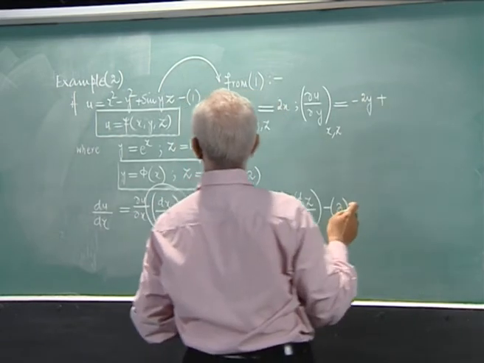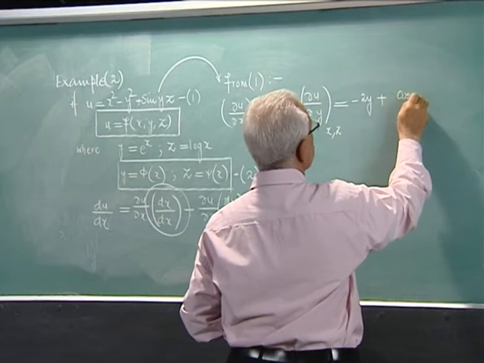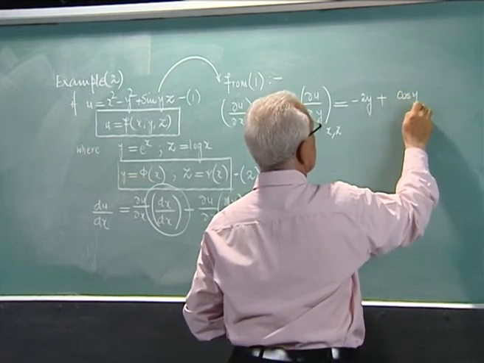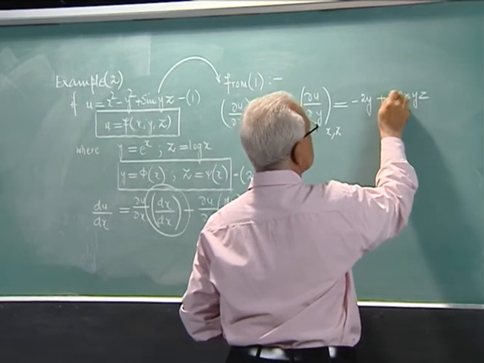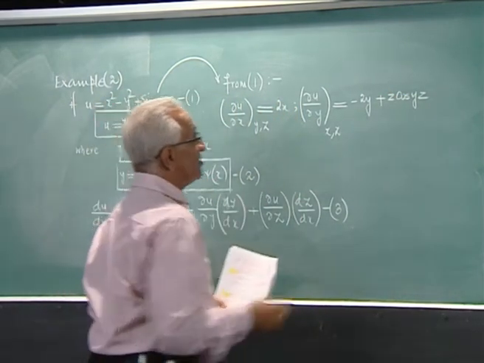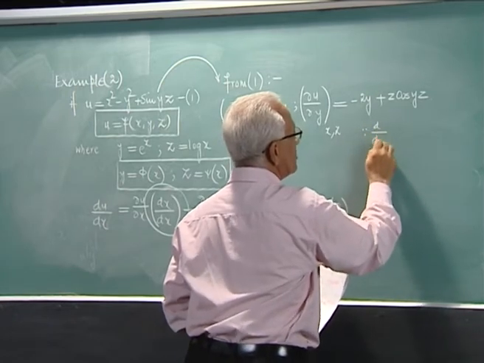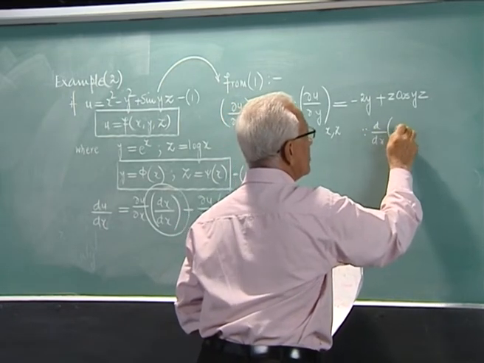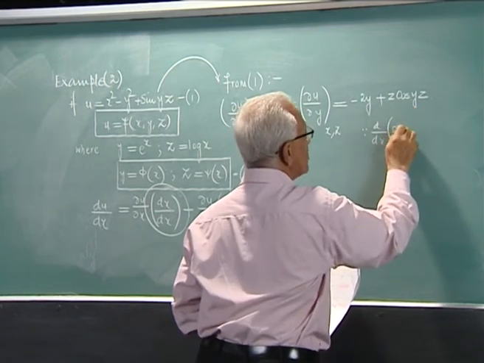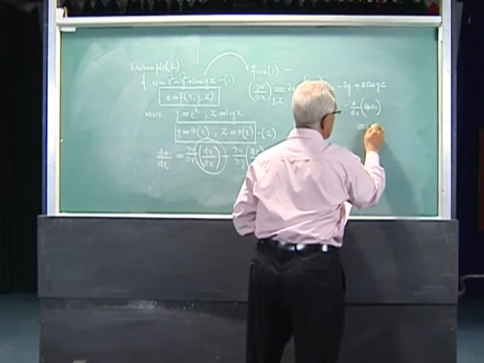plus cos of yz, with z taken out. The reason is the fundamental formula: d by dx of sine of ax is a cos of ax.